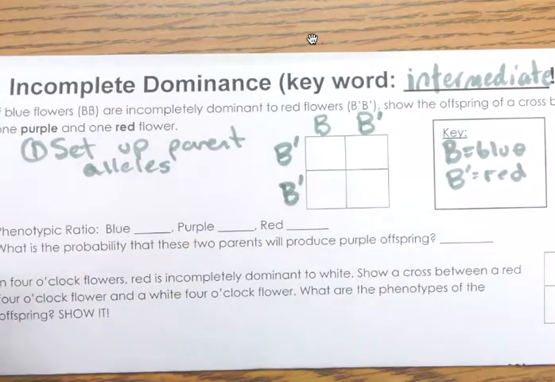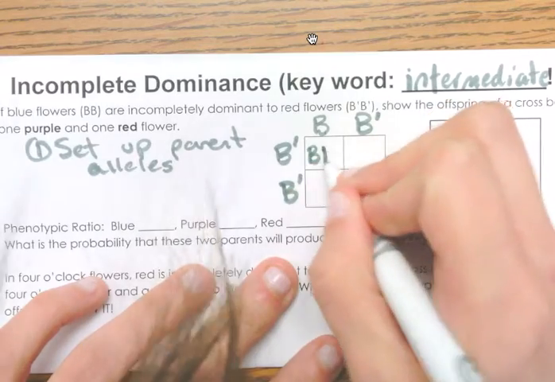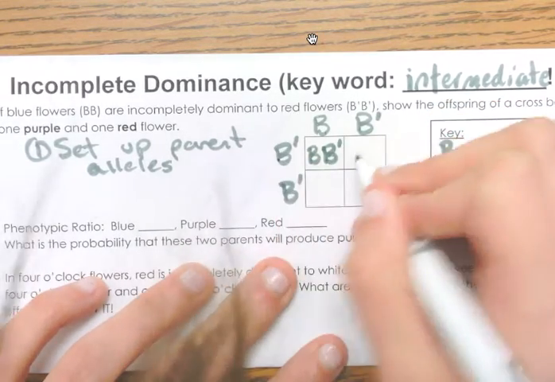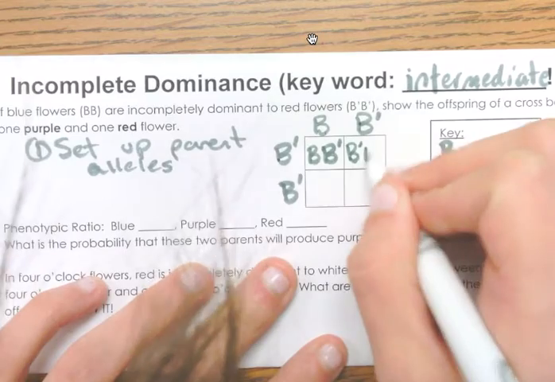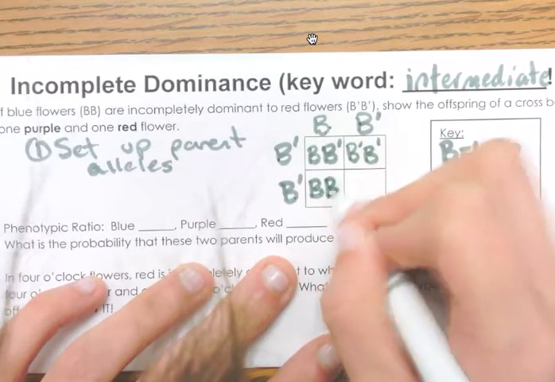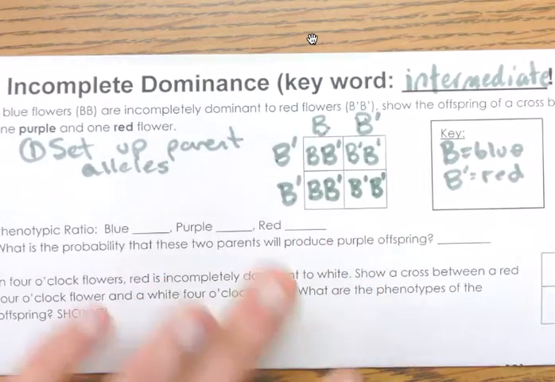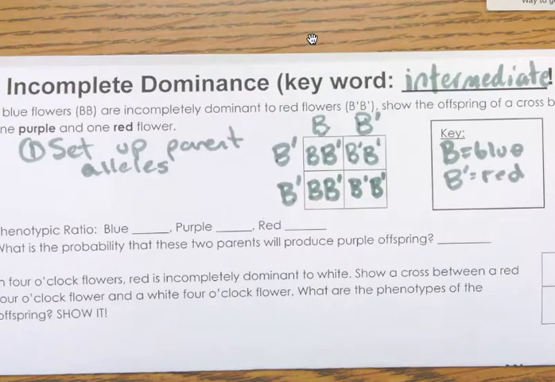Once I do that, then I cross it just like every other Punnett square I've ever done in my entire life. So I will bring this B down and this B prime over to B prime, B prime, B prime, B down, and B prime, B prime. So now I look at my distribution or my ratios, which offspring look like what.